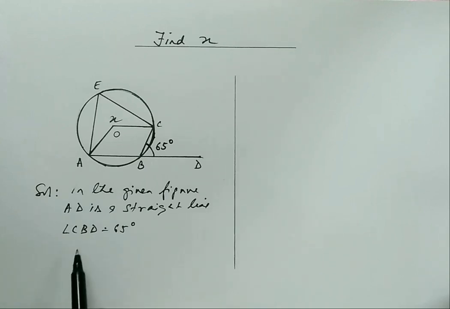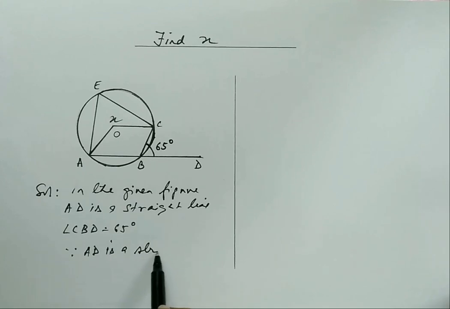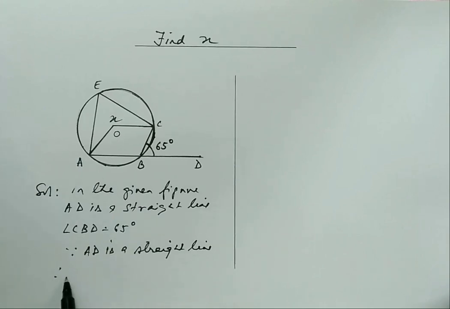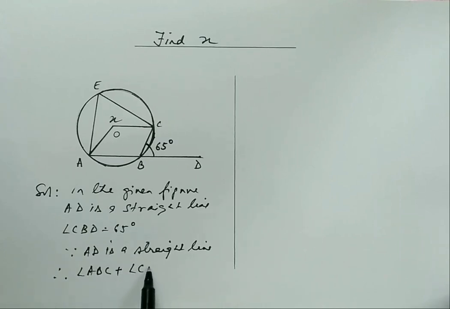Therefore angle ABC plus angle CBD is equal to 180 degrees. Correct, guys?